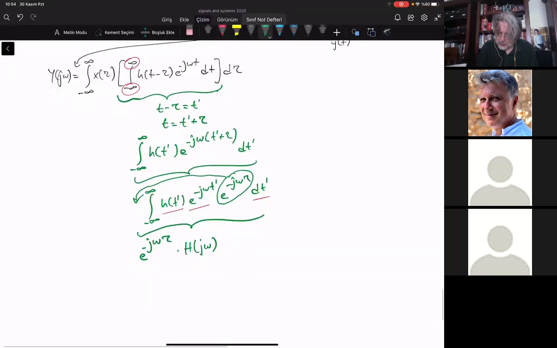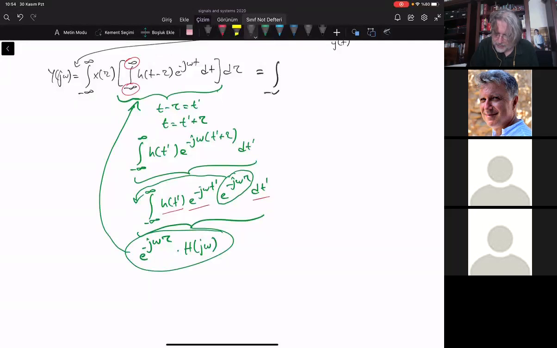So I will substitute all of this back into here, and say that this is equal to, therefore, the integral from minus infinity to infinity of x of tau e to the minus j omega tau h of j omega d tau. Then I will move this out of the integral because it has nothing to do with tau.